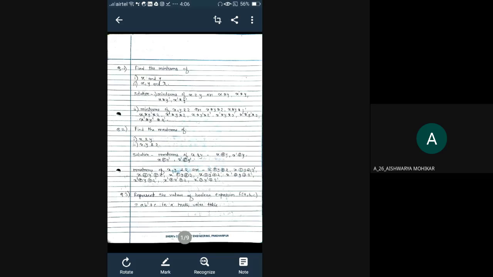So from this, we can write minterms as x, y, z.